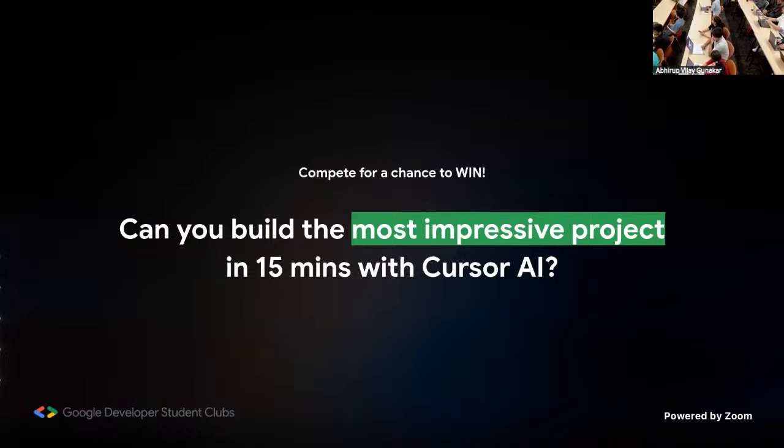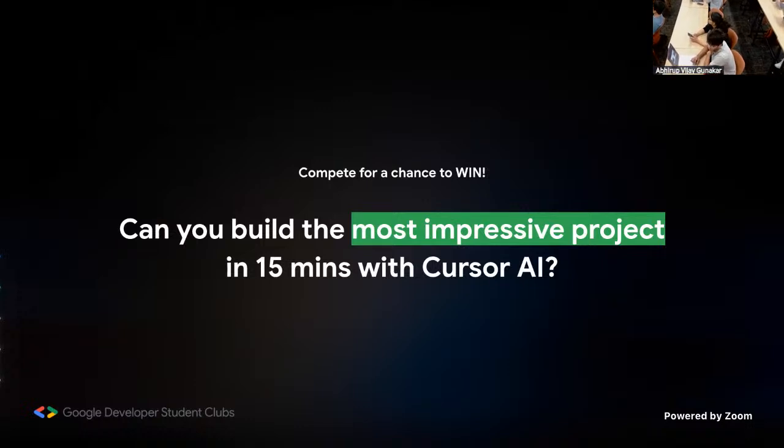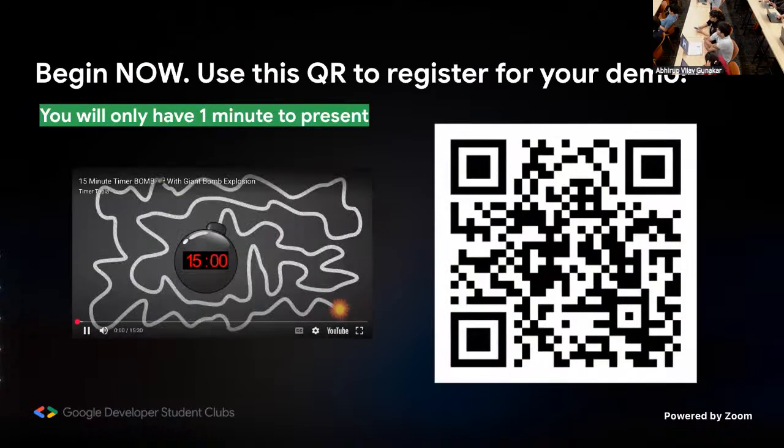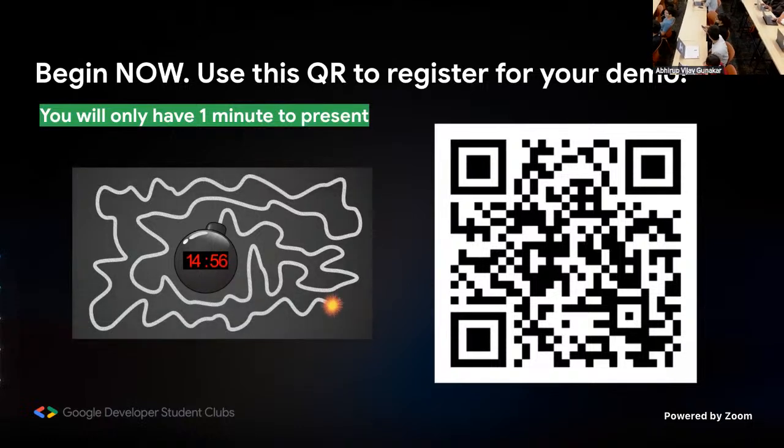Who can build the most impressive project in 15 minutes with Cursor? Oh yeah. Okay. We got the timer started, guys. Get to work. You also have to fill out this QR form. Don't worry too much about it. It's just two prompts. But get started. Time is already counting down.